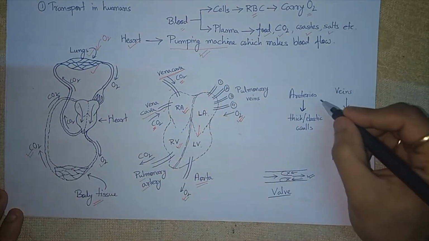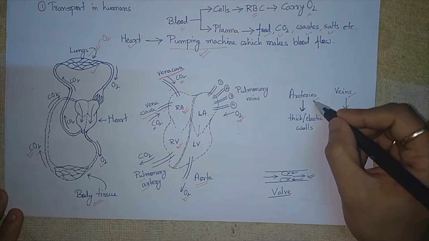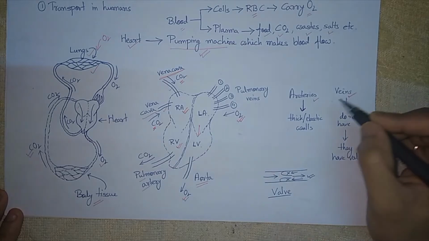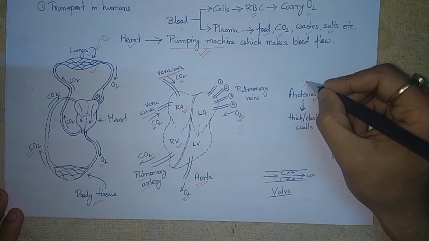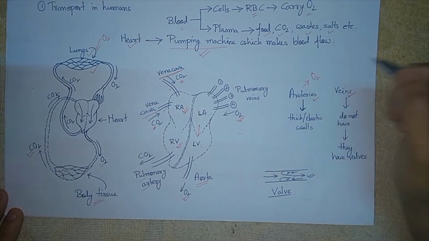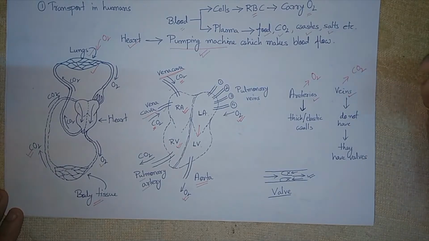Now we have some tubes for the conduction of blood. We all know that we have two types of tubes for the blood: arteries and veins. Arteries conduct only oxygenated blood, veins conduct only deoxygenated blood, that is, they don't have oxygen, they have carbon dioxide.